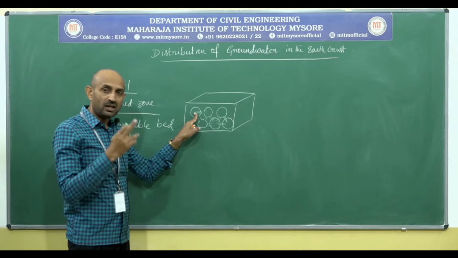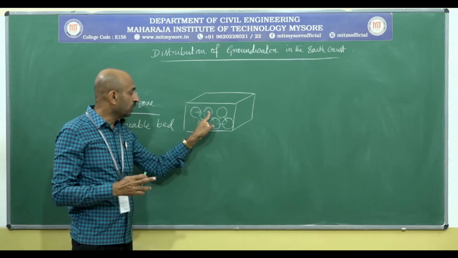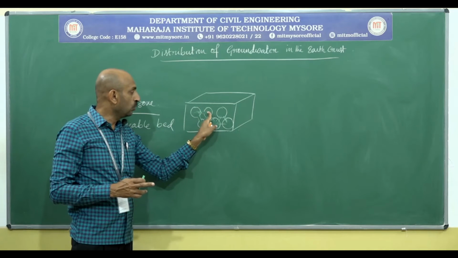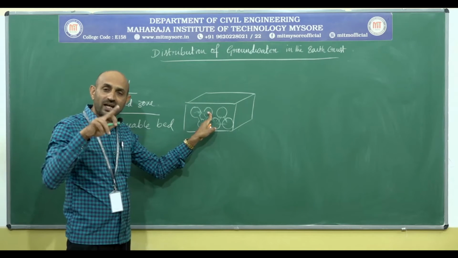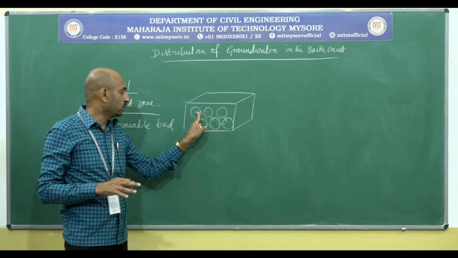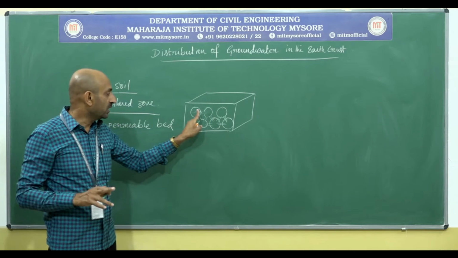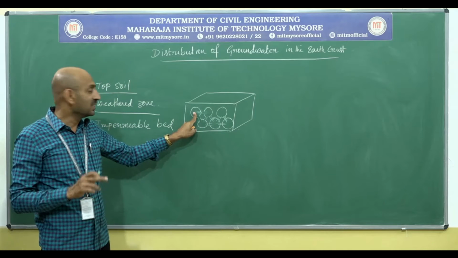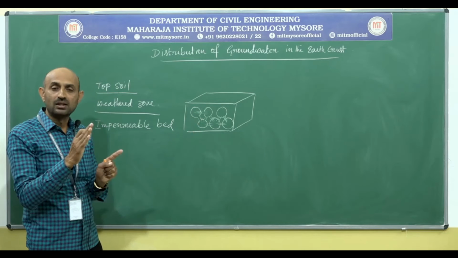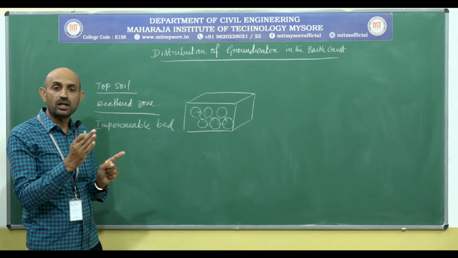Water can move from here to here when these two voids are interconnected with the help of conduits or pathways. If there is no conduit, definitely the water which is present in these openings is not able to move.